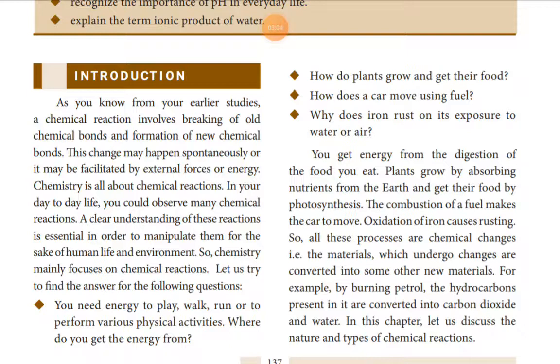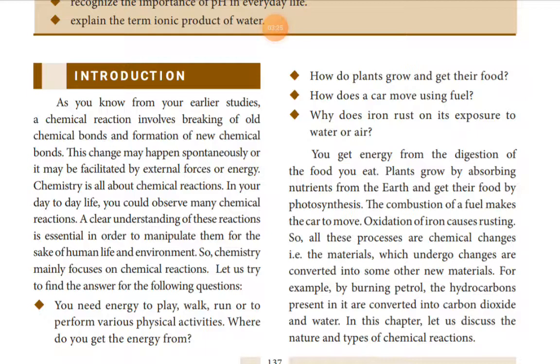The reactants combine to form a new product. Because of that, the old bonds between the reactants break and new products are formed with the formation of new chemical bonds.